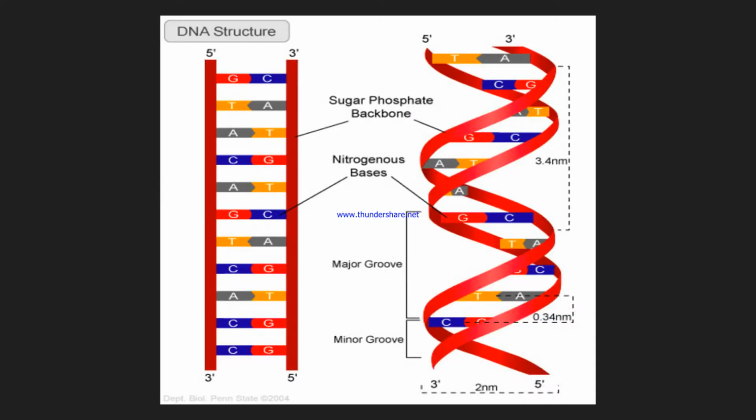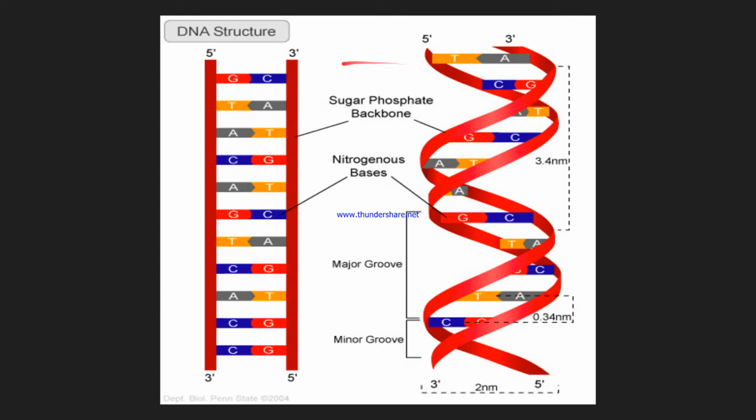Alright, back to more general structure. When DNA forms, we end up with two polymers bound by hydrogen bonds. So we have two polymers, and the hydrogen bonds would be between the bases. And this forms the DNA strands. Now, when the strands come together, they form this shape that we call a double helix.